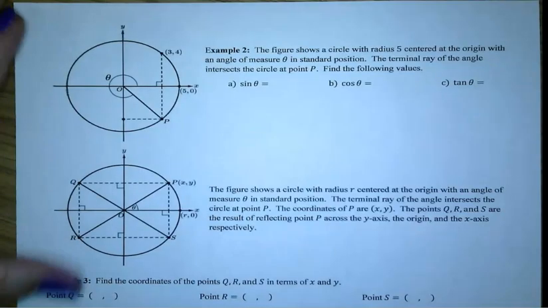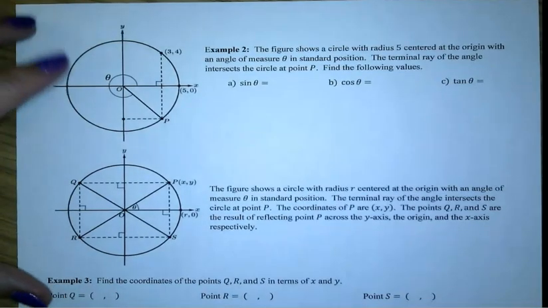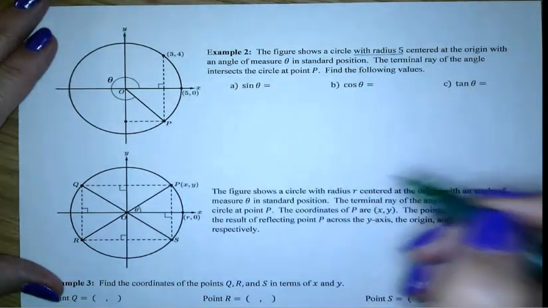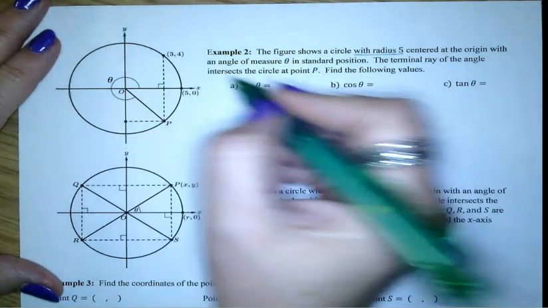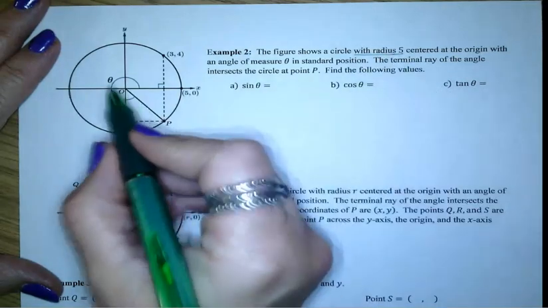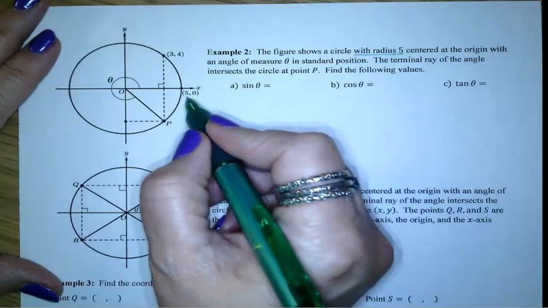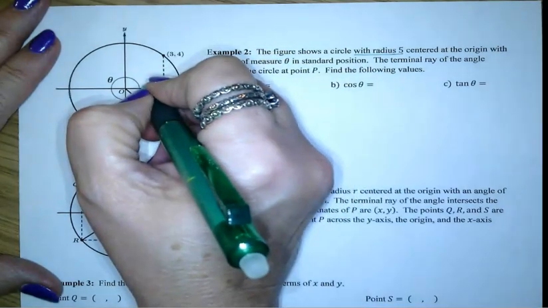Okay, so let's look at example 2. We have a circle and it has a radius of 5. So we know that, one, they tell us right here, but two, because it goes 0 to this coordinate, which is 5, 0, then that means this radius here has to be 5, which also means the radius here has to be 5.